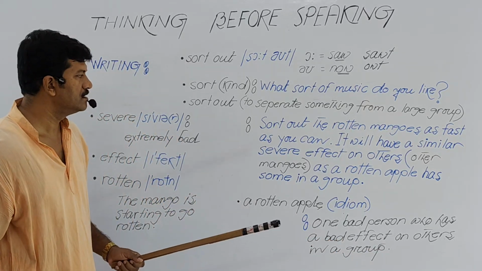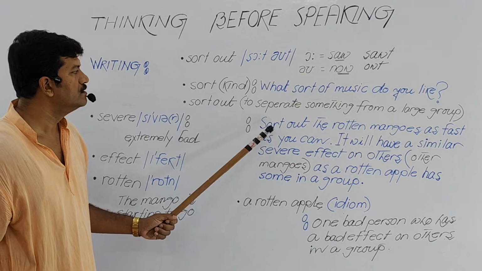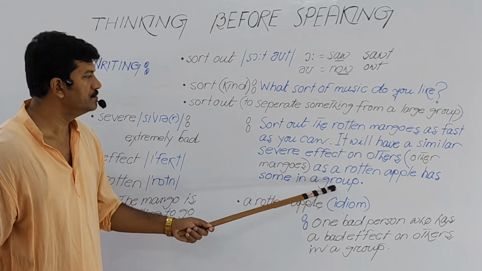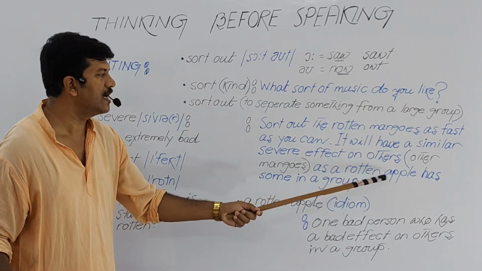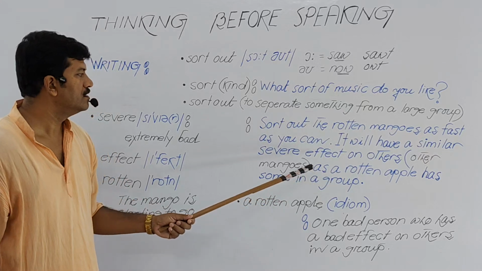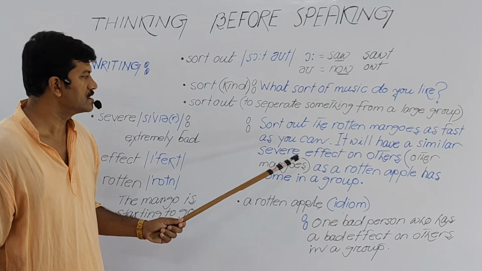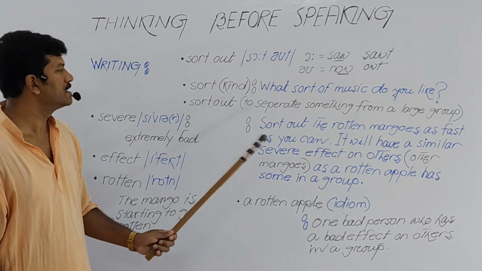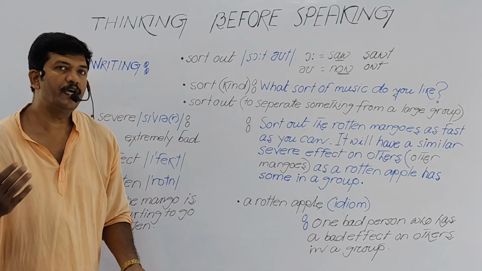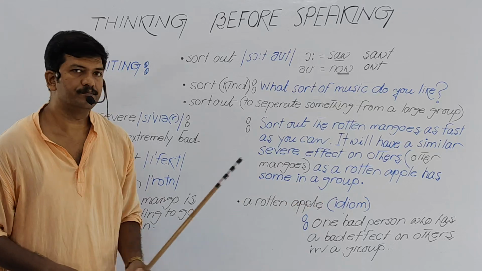That means to say that here in a group, a rotten apple has some similar bad or serious or extremely bad effect on others or on other people in a group.